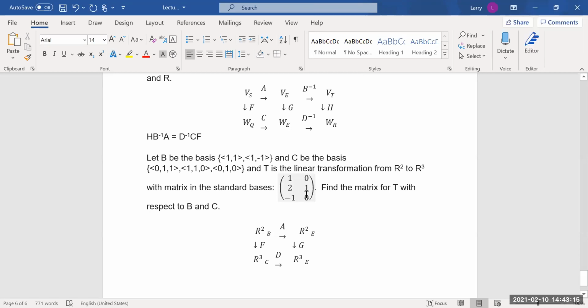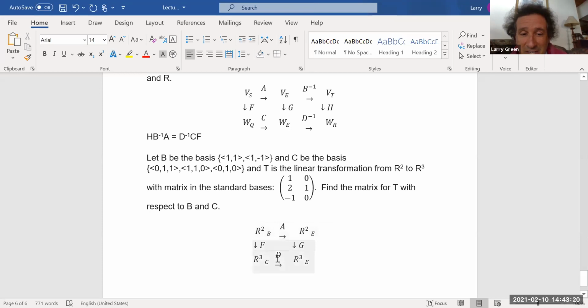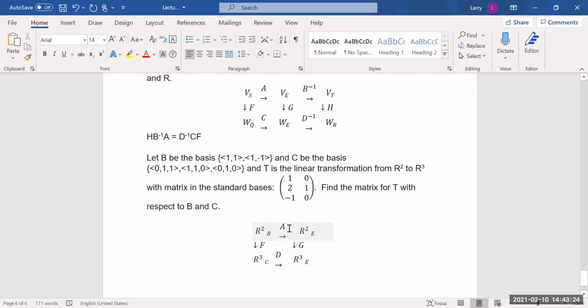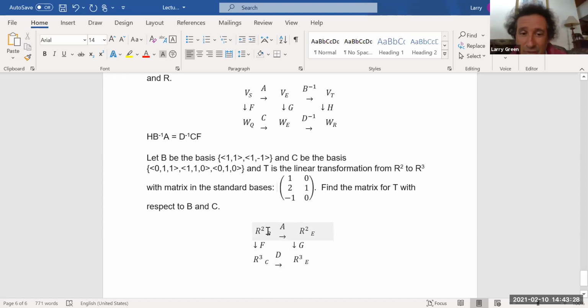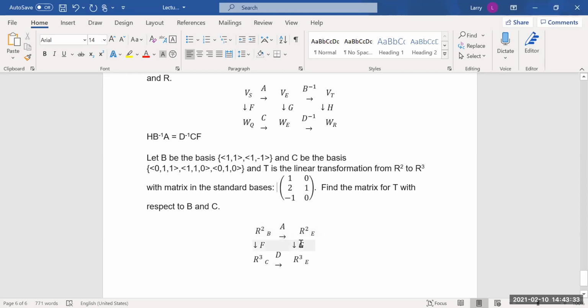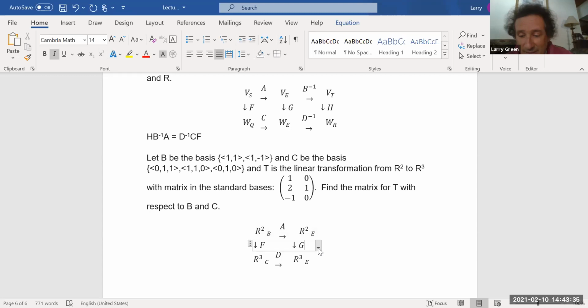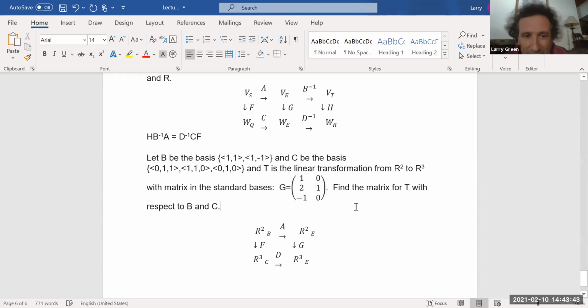It's going to be A, G, D, or F. It's not A. Good try, though. A goes from R2 to R2. That would be a 2 by 2. It'd be G, because that's under the standard basis. So that's G. Actually, I don't want to change that. I want to change this guy. So that's G, just to get our thing straight. Any questions on that?